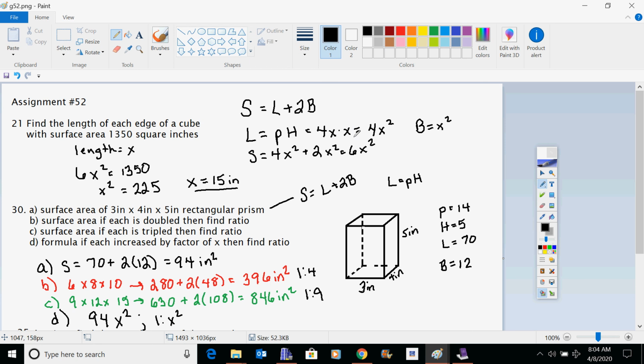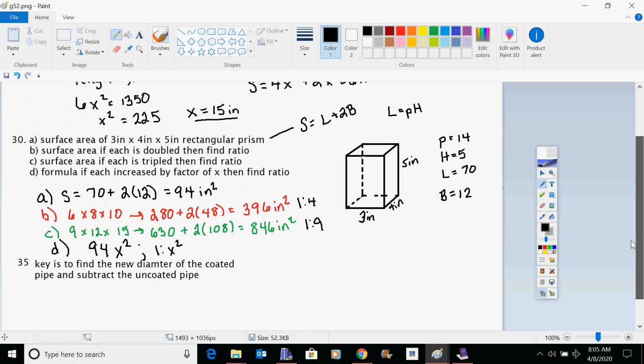If we don't know how long each side is, the perimeter is 4 times x going around the bottom, and the height would be x, so the lateral surface area would be 4x squared, plus the base. For a square base, you'd have x times x, but you'd have 2 of them, so that would give you 6x squared. Then you plug in 6x squared equals 1350 and solve it. So you get x equals 15 inches.